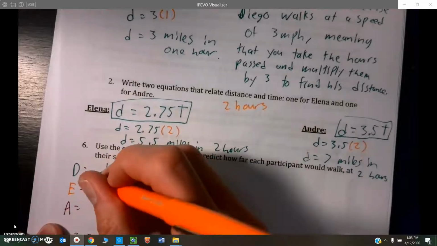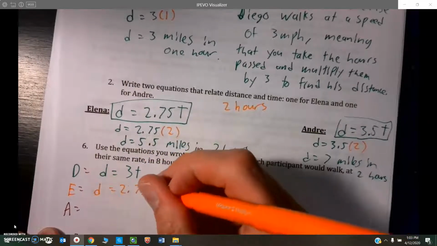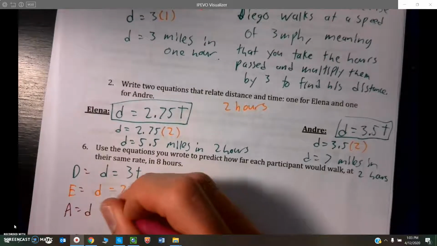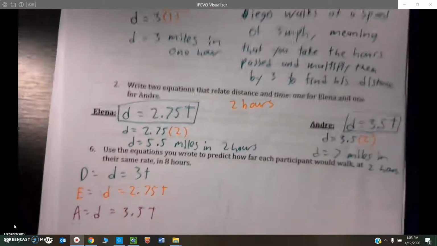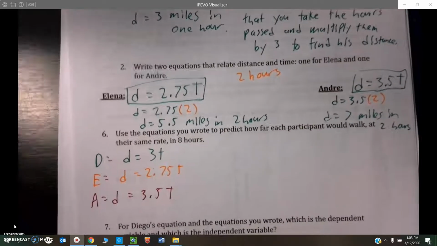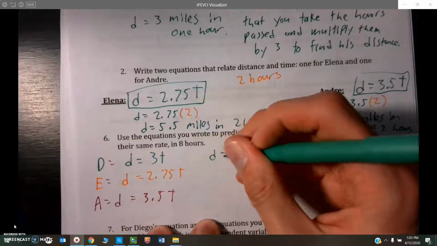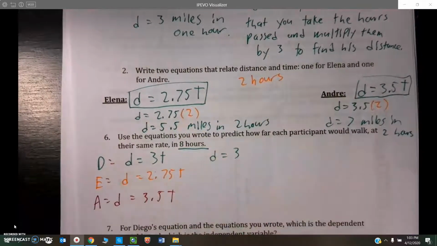Elena was D equals 2.75t. And Andre was D equals 3.5t. And once again, these numbers are all coming from their speed in miles per hour. And for all of them now, I'm going to rewrite their equations, but I'm going to substitute in 8 for t.